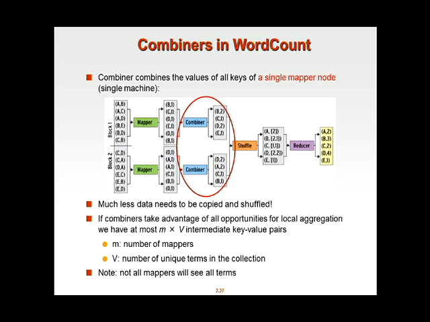For each term, you need to emit one key value pair, so the intermediate data size is just the number of terms in your collection, which is very huge. But with the combiner, the intermediate data size is reduced to M times V, where M is the number of mappers and V is the number of unique terms. This is much, much smaller than the number of terms in your data collection.